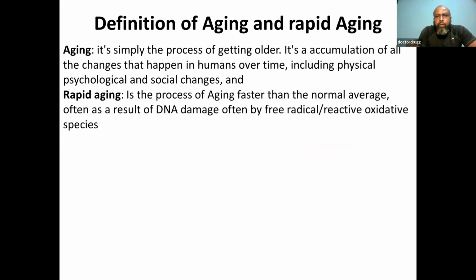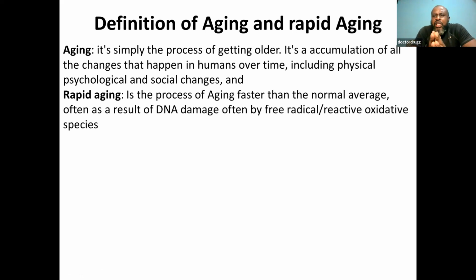So now, definition of rapid aging. Aging is simply the process of getting older. It's an accumulation of all the changes that happen in humans over time, including physical, psychological, and social changes.